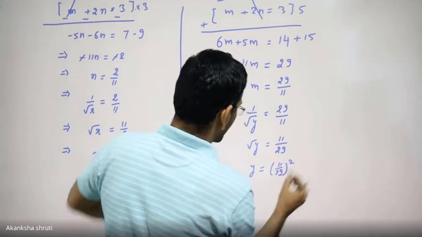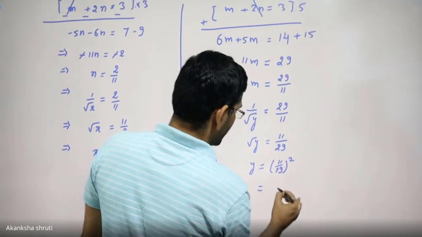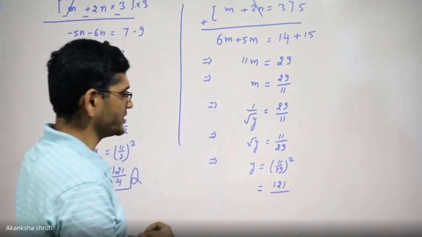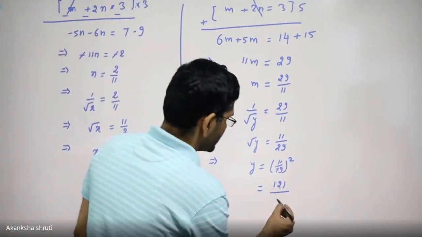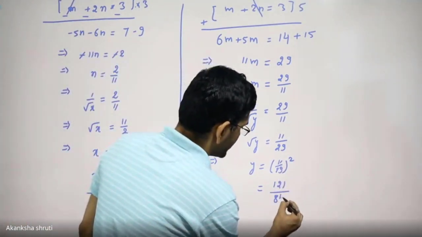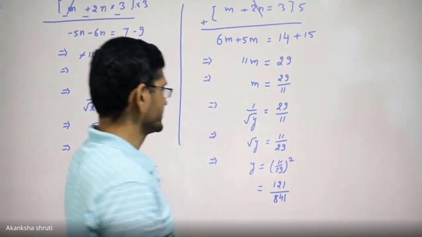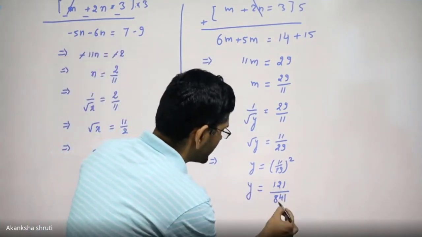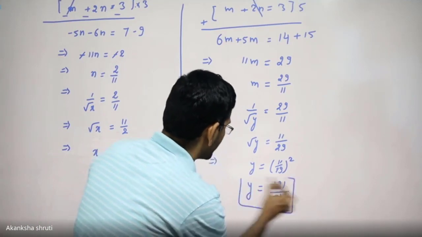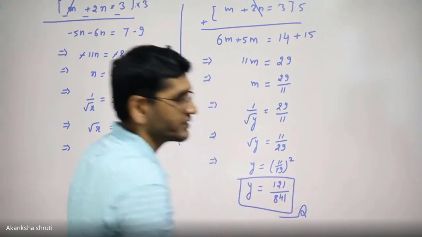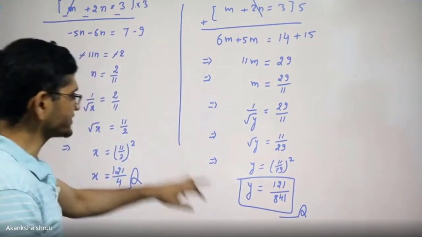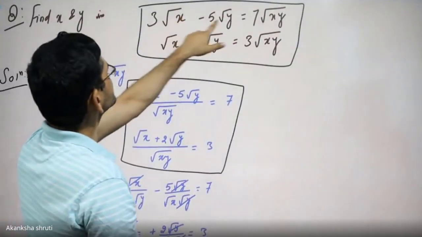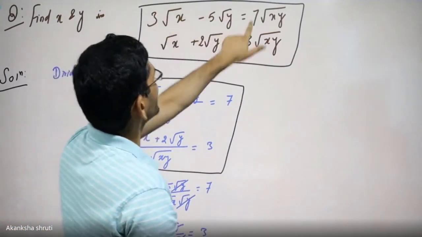Go for a square. 11 square is 121. And what is 29 square? It is 841. So this way the value of y is 121 by 841. This is the required answer. Okay, student. While substituting this x and y, you will get that they will come out of this root and they will multiply to get this.